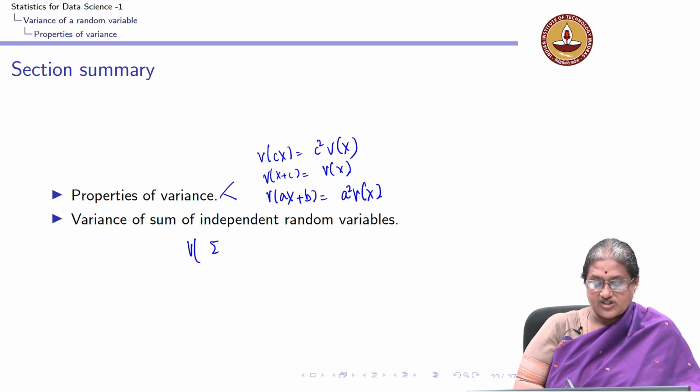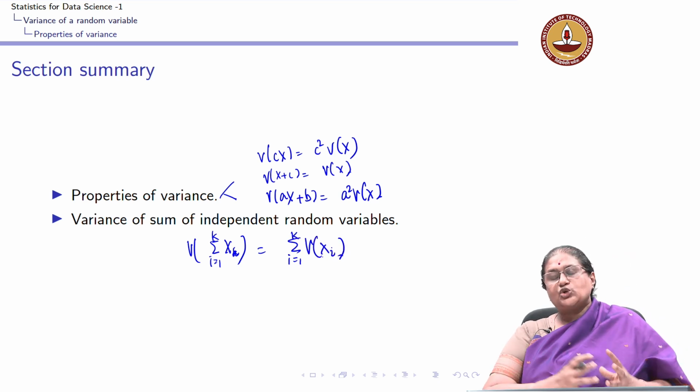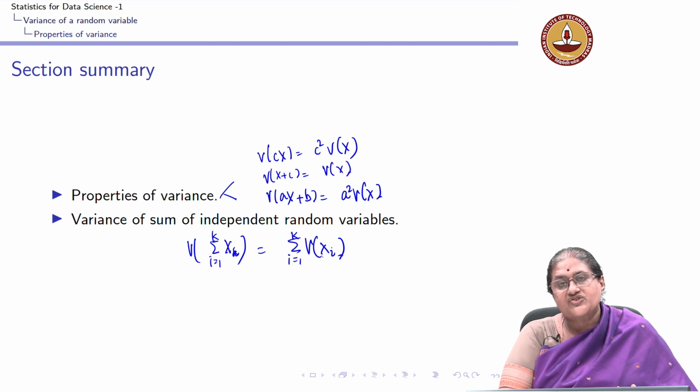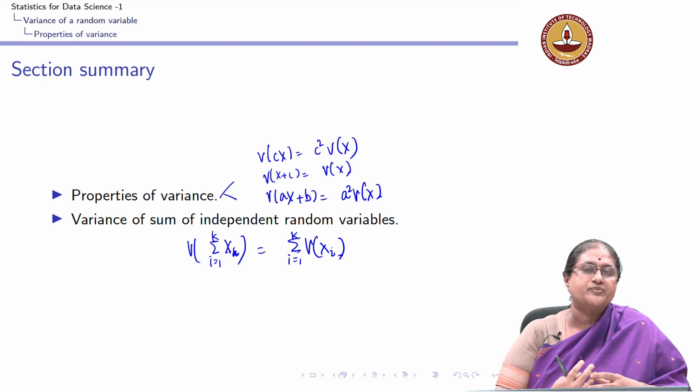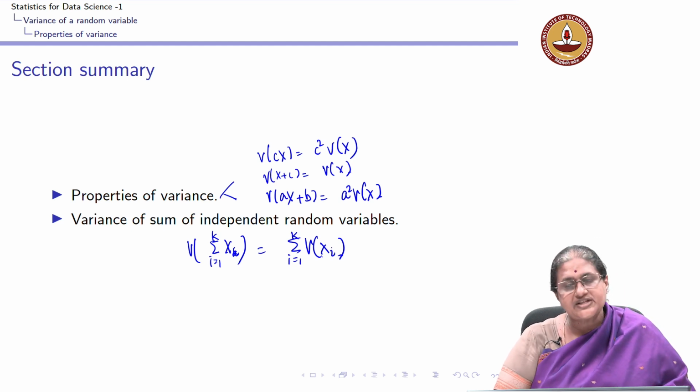And the variance of the summation i going from 1 to k of xi, where x1, x2, up to xk are independent random variables, is the sum of the variances. So, these are the two important properties we have seen, and we computed the earlier distributions applying these properties.